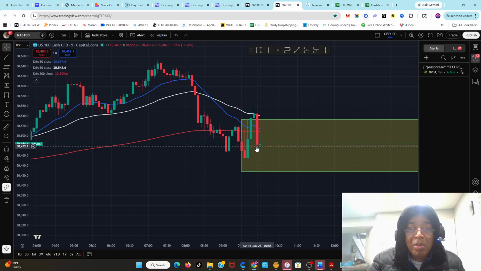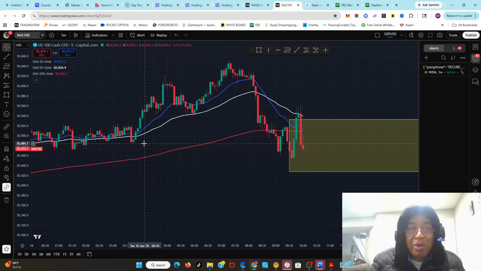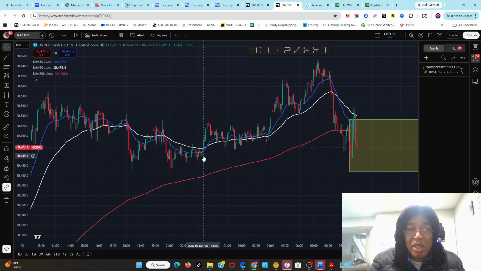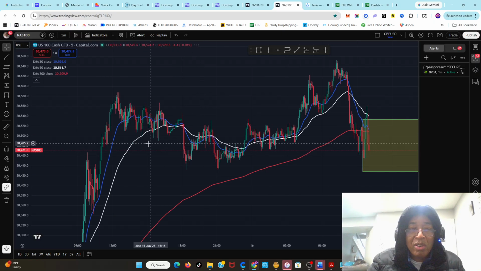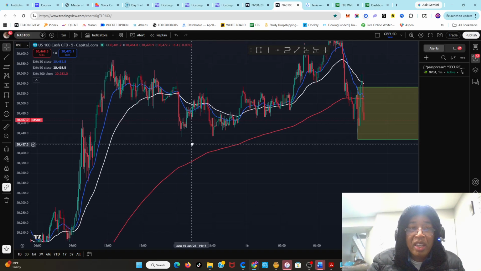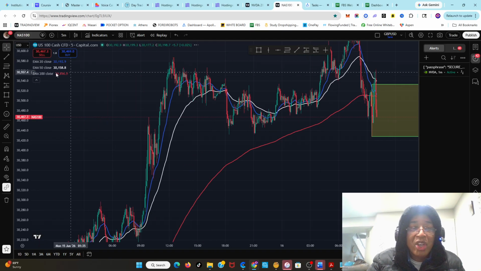This was a big bar, and you don't see a response from the buyers. So literally what you're seeing now is the sellers coming down to hunt for stop losses. Liquidity hunts are going on. Let me see what's going on, what they're hunting for. You can see, if you zoom out, how the chart is.